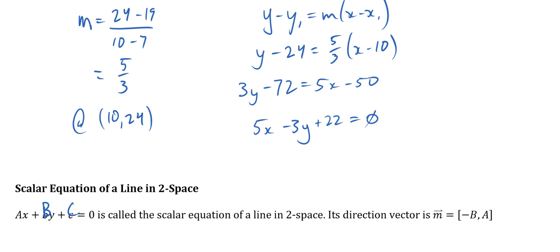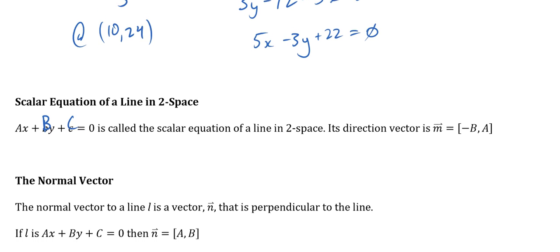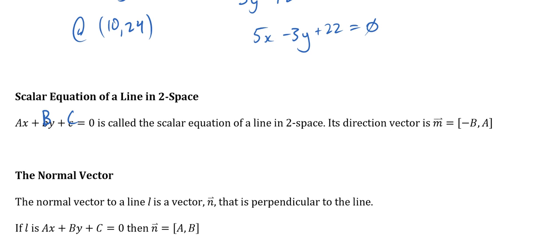Ax plus By plus C equals 0. Again, there's a lot of definitional, a lot of notation stuff happening. So we call that a scalar equation.